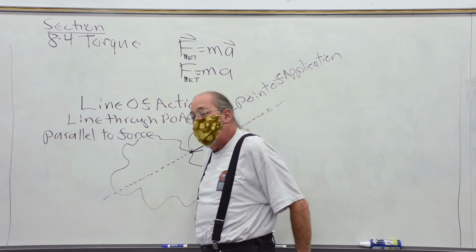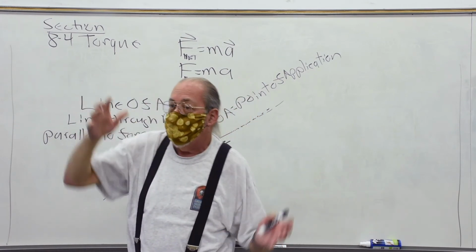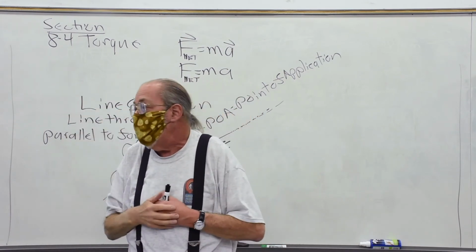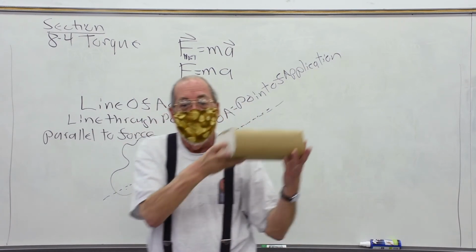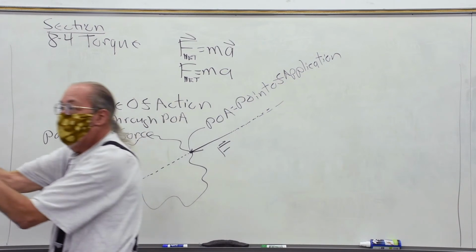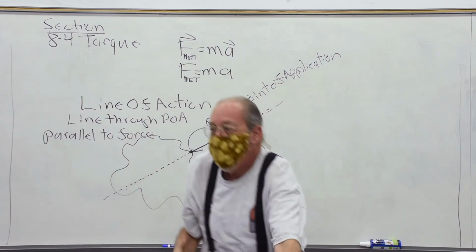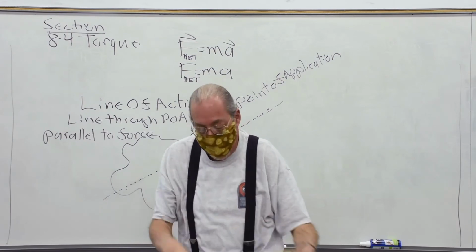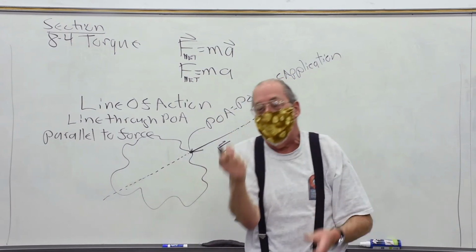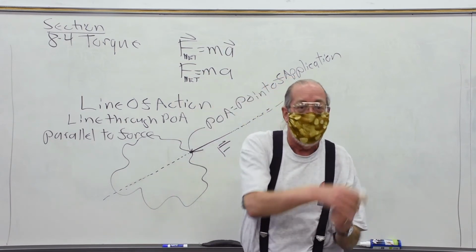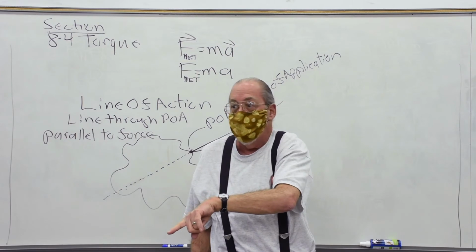A torque is that thing in nature which causes the rotational velocity of the object to change. This is a translational velocity. This is a rotational velocity. If I translate this, this has no rotation. But if I throw it from the end, now it rotates while it goes.